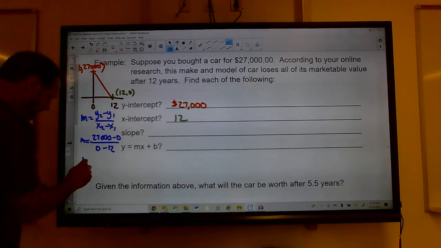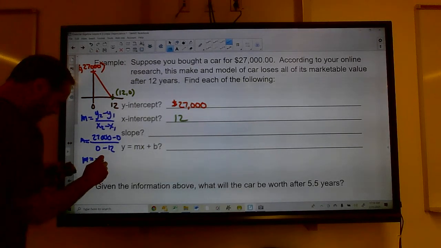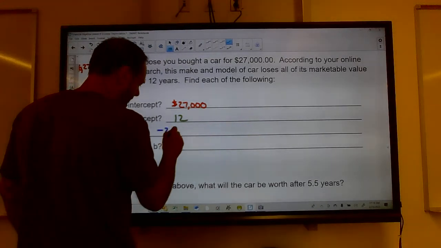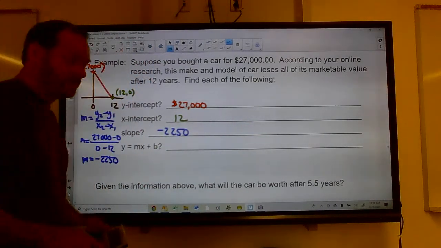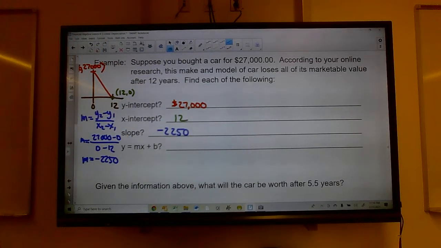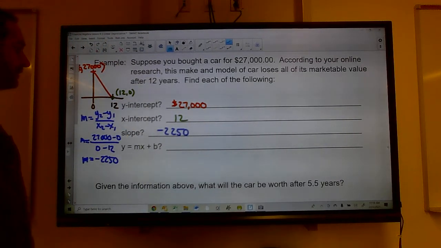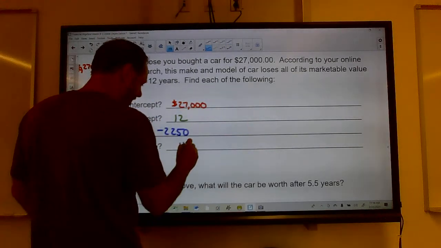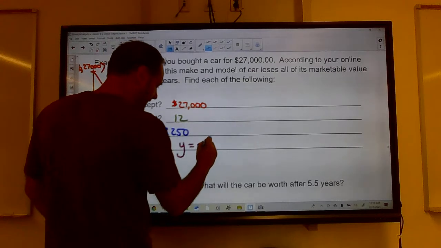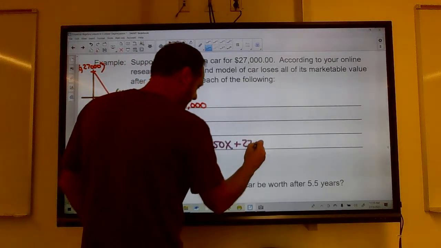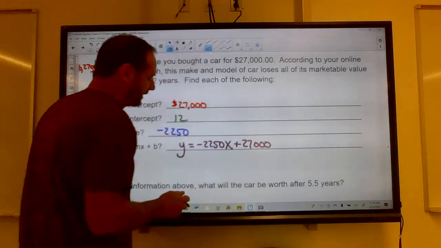M is going to be negative 2,250. That's how much the car is going to lose value every year. It's going to lose $2,250 of its value each year. So my equation is going to be y equals negative 2,250x plus 27,000.